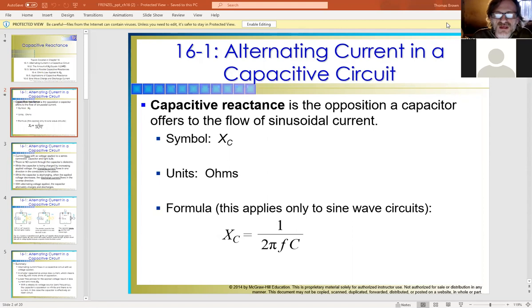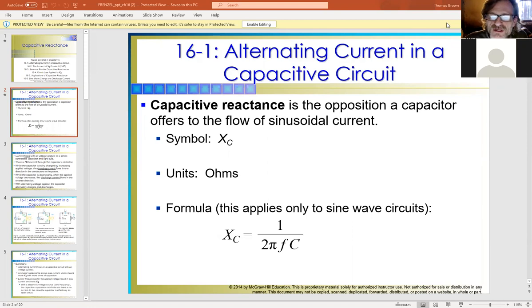And then we have an interesting formula here. What does X sub C equal as far as AC analysis goes? This is one of those formulas that will follow us through. It's not quite up there with Ohm's law, but it is extremely important for capacitors. This is the way we want to think of capacitors as applied to AC signals.